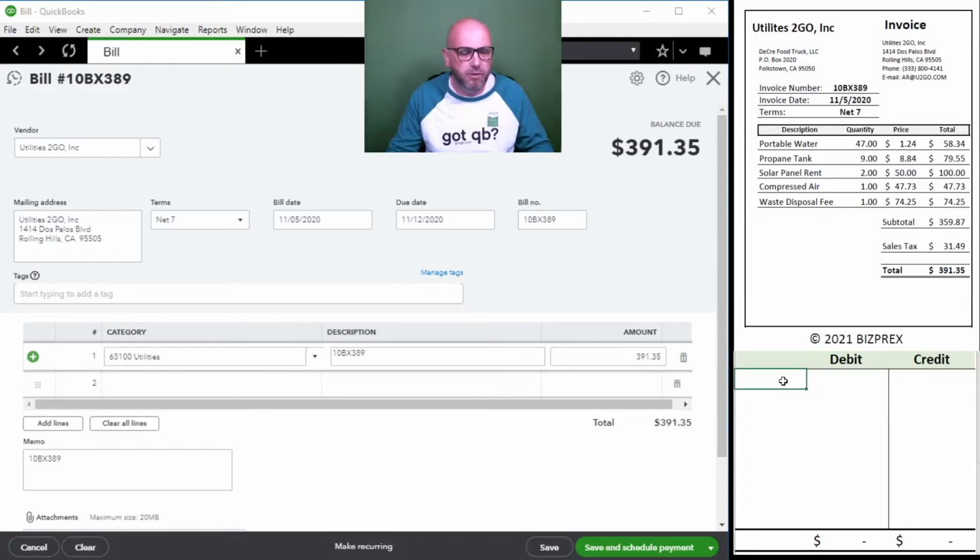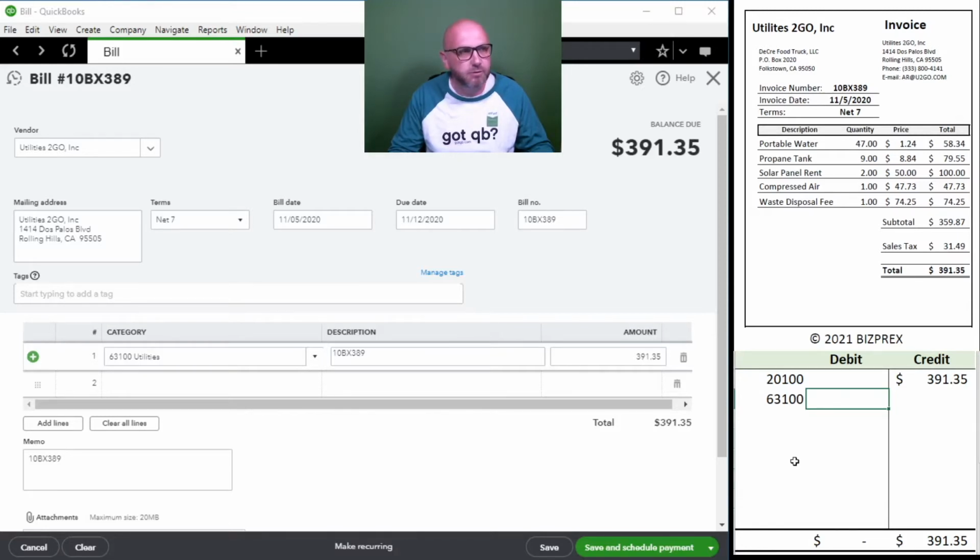Here it is, right? Again, what are we impacting? We're impacting our accounts payable. Accounts payable is a liability. Liabilities go up when they are credited. Okay, what else is going up? Our expenses go up. Again, side note, they're going up only on accrual basis right now. Once we pay this bill, then they'll go up based on cash basis. However, please note, once we pay it, we will not touch the expense account.